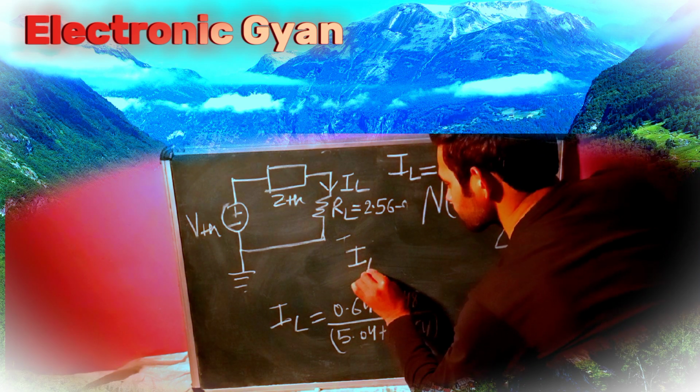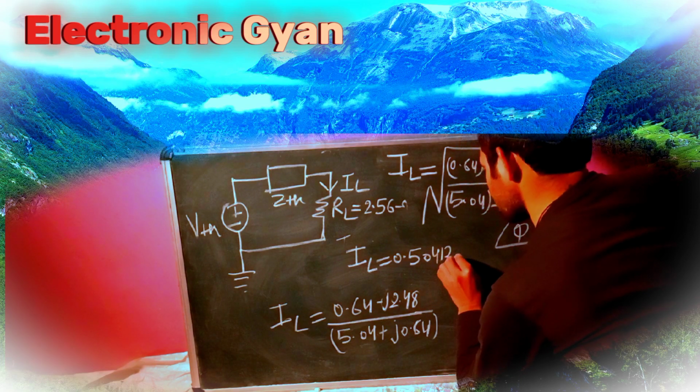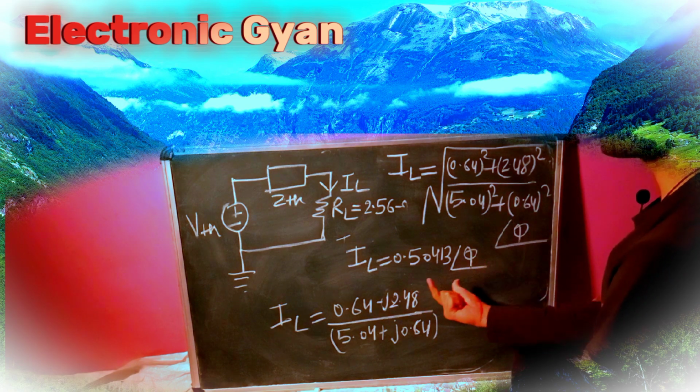So IL is equal to 0.50413 angle phi. So this is the load current value.